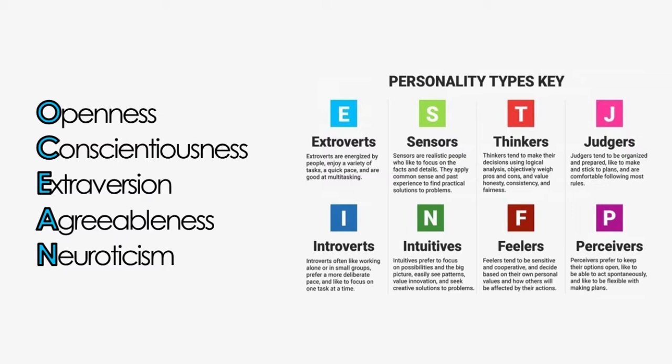For instance, in the MBTI, the EI scale, or the introvert versus extrovert scale, clearly corresponds with introversion and extroversion in the Big 5, right? And what they call the SN scale, which is sensor versus intuitor, corresponds directly with openness to experience, which is one of the 5. And the Kiersey temperament is very similar to the Myers-Briggs.